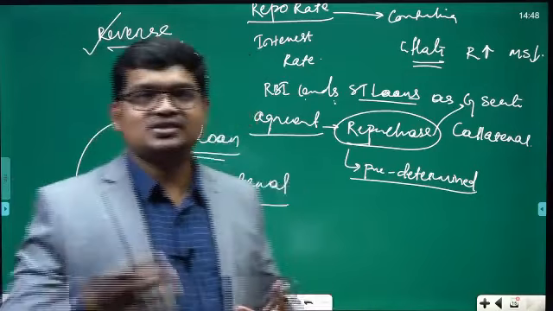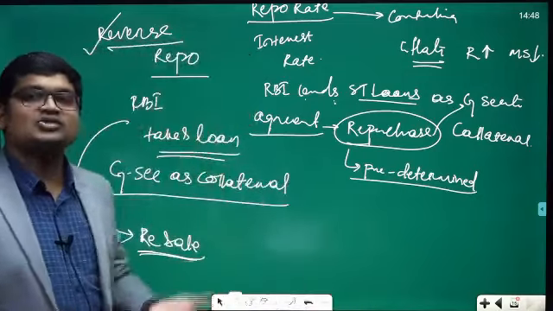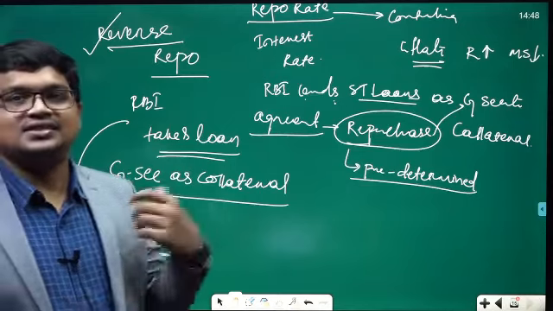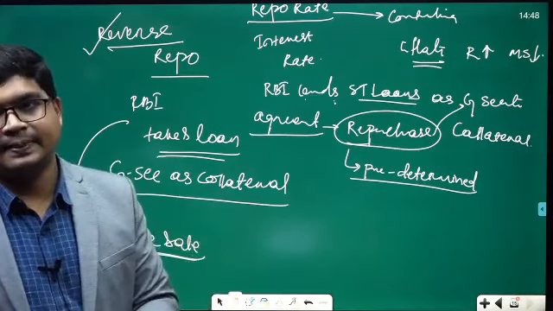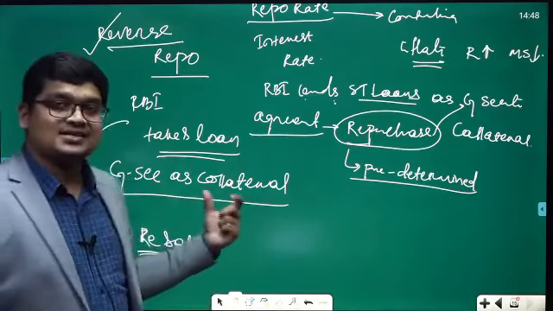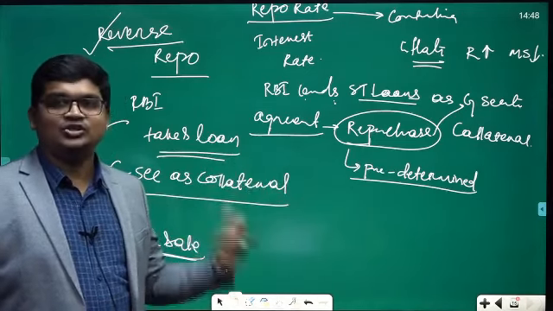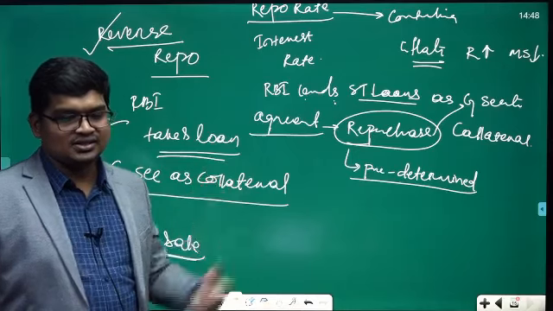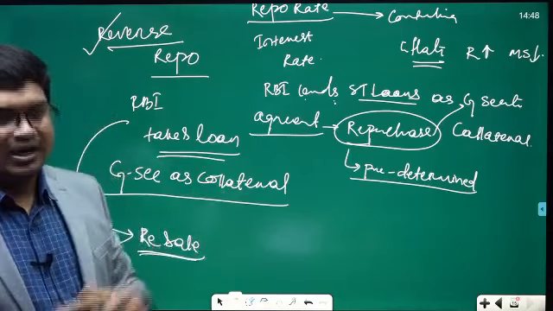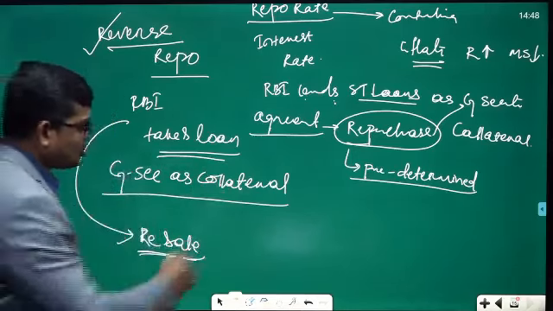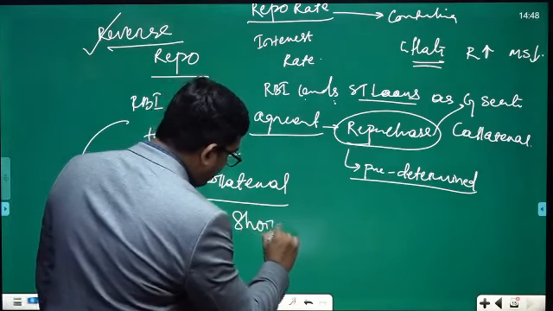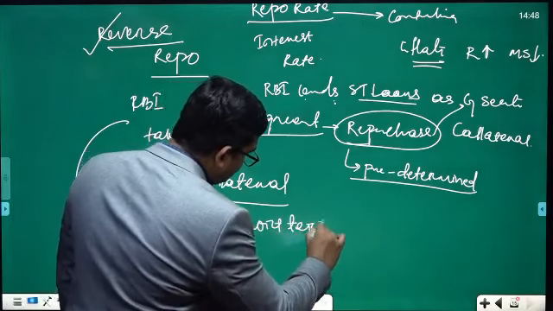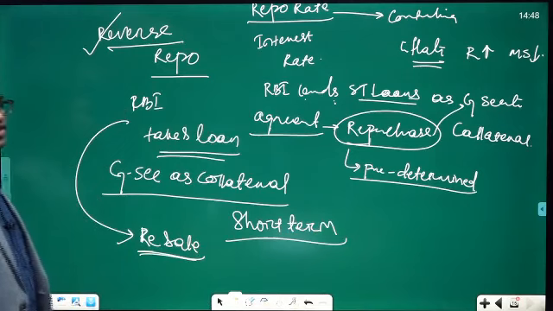In case of reverse repo rate, RBI takes loans from the commercial banks at this rate of interest. Clear? And in both cases, government securities are used as collateral against these loans. And both these are short term in nature.